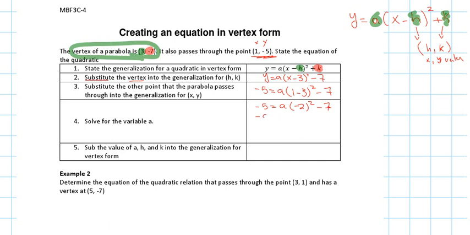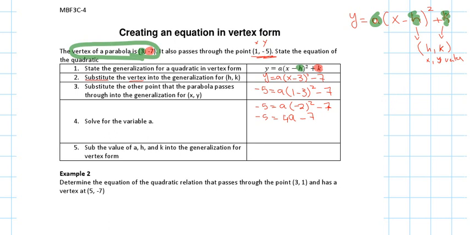So that's going to be a times 4. So can I write this 4a? It's going to be 4a. Okay? So instead of writing a times 4, which doesn't look nice, we write 4 times a, or 4a.